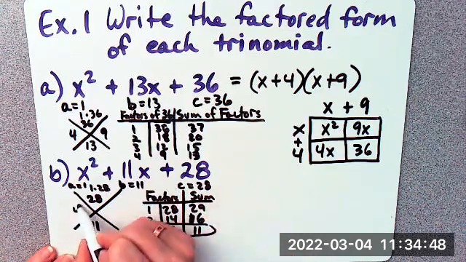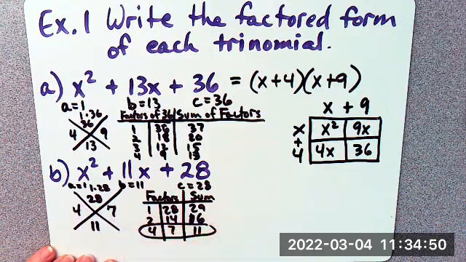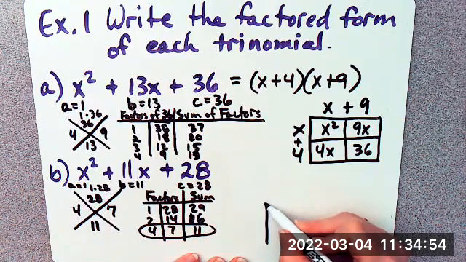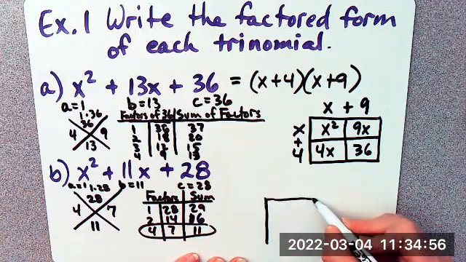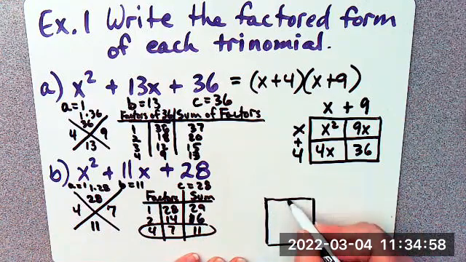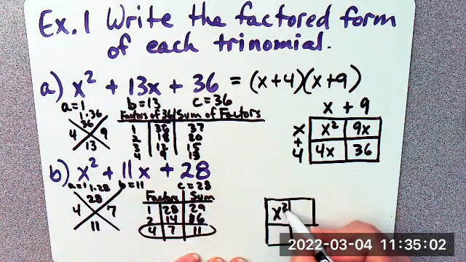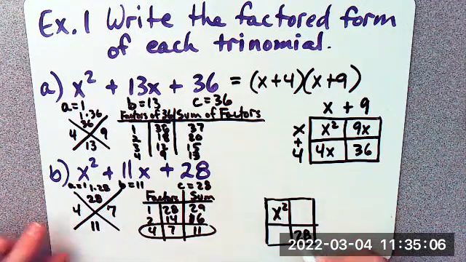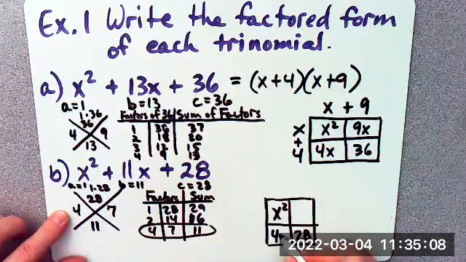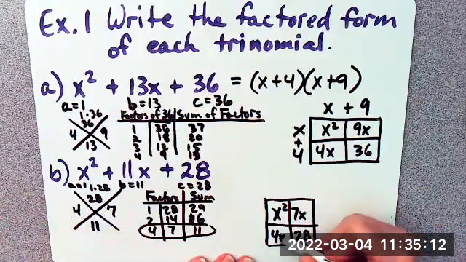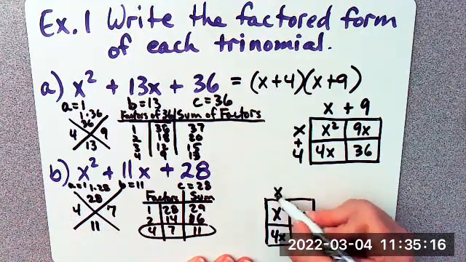Okay, so we have 4 and 7 right here. So now we can do the box. Our first term goes here, x squared. Our last term goes here, 28. We have 4x here, 7x here. Our greatest common factor between x squared and 4x is x.